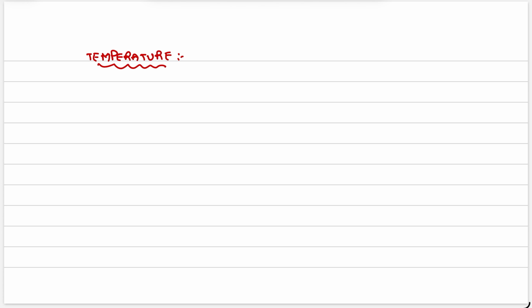It is also directly or indirectly connected to the kinetic energy of the body. It is a relative measure. Something is cold, something is hot. That means with some reference, we are measuring this particular property, hotness and coldness of the body.